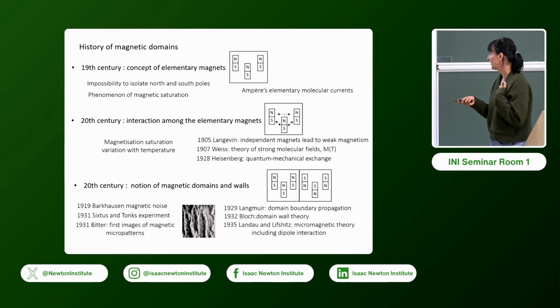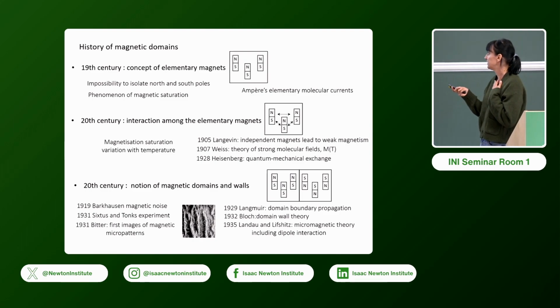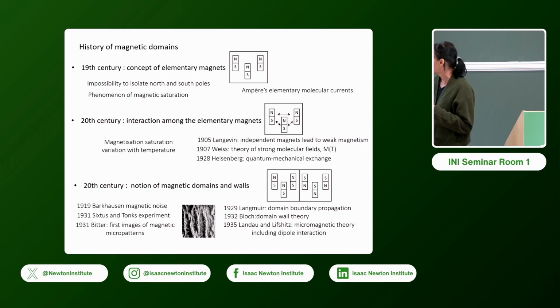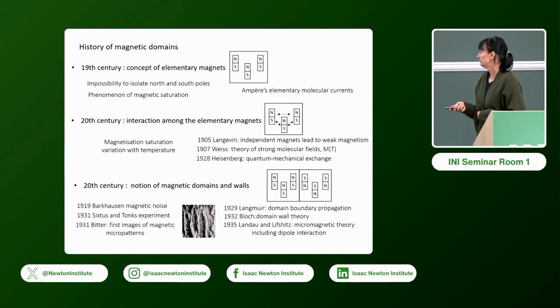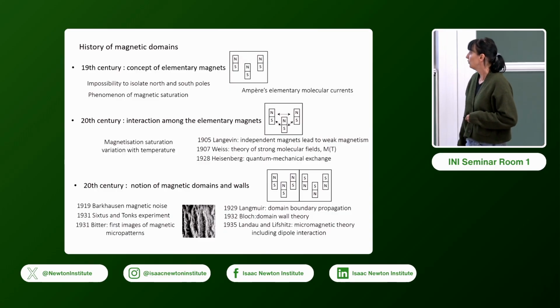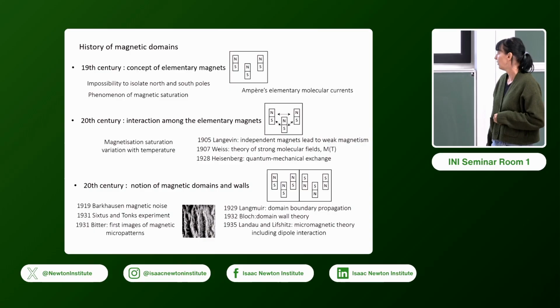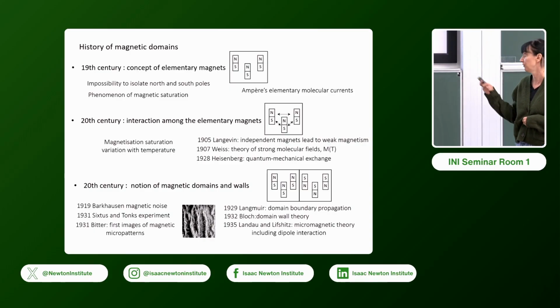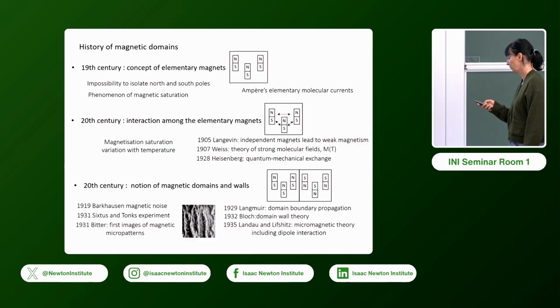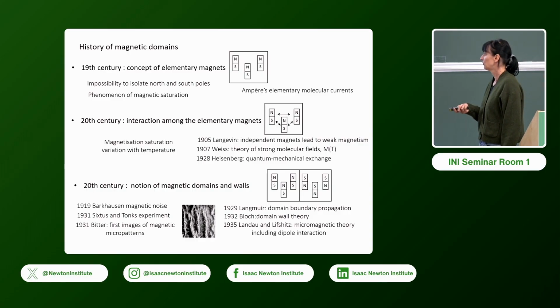So in 1907, Weiss developed a theory of strong molecular fields, and later Heisenberg came up with a quantum mechanical exchange theory. Also in the 20th century, the notion of magnetic domains appears, and today we are going to talk about these domains.